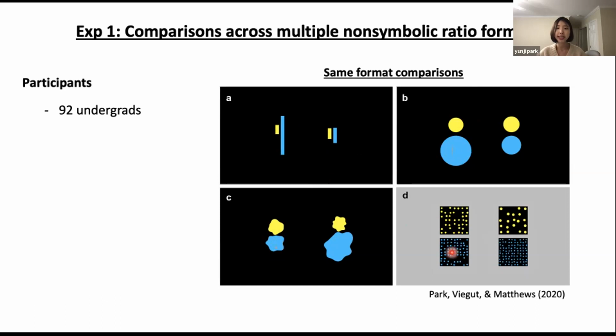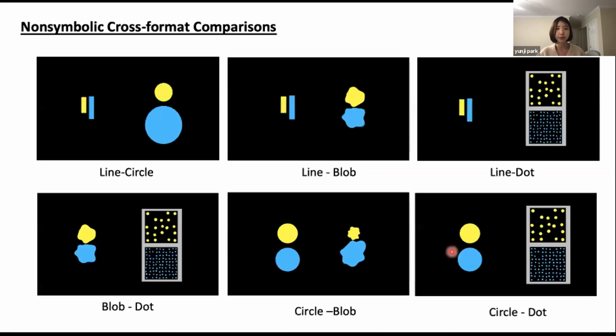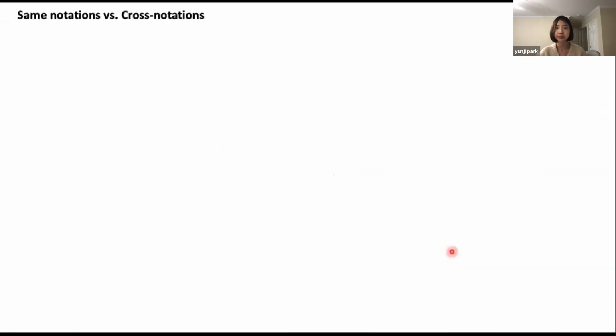Along with this, we were interested in a cross-format design. Four different formats bring 6 possible cross-format comparisons, and participants did the 6 types of cross-format comparison along with the same-format design.